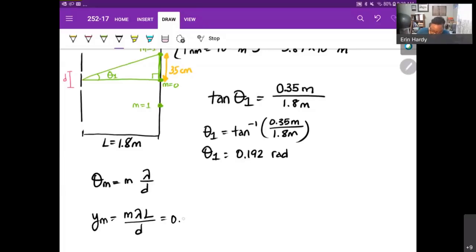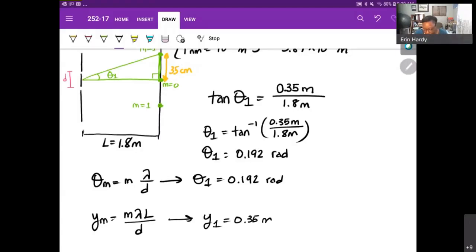So we started off knowing that y1 was equal to 0.35 meters. We just determined that theta 1 is equal to 0.192 radians.